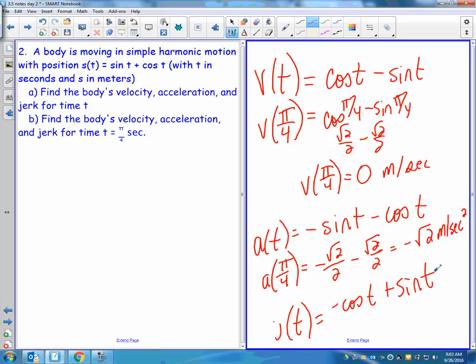So it's like the exact opposite of our velocity. And what's going to happen when I plug pi/4 in this one? So 0, and then the jerk is going to be meters per second squared per second, or meters per second cubed. Meters per second cubed.